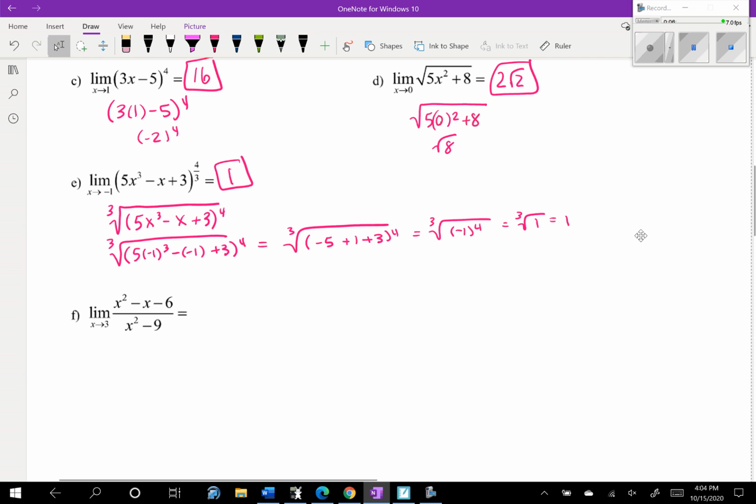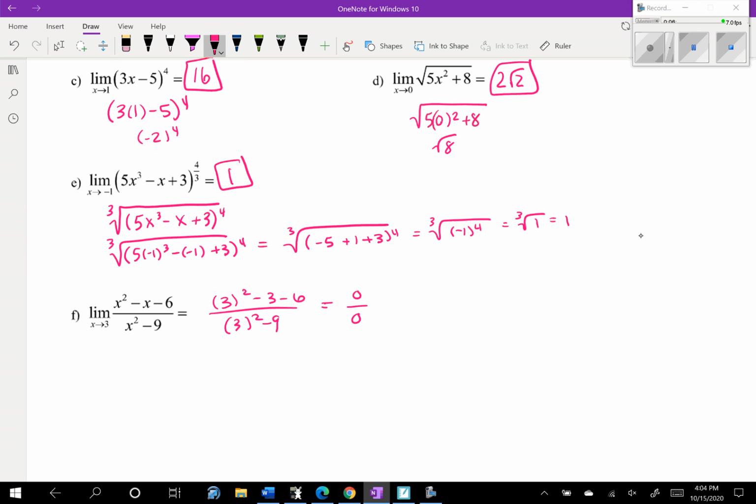So for the next one, if I plug 3 into my equation, this is a rational function. Remember, we have to worry about variables that could make our denominator 0. If I plug 3 into this equation, I get 3 squared minus 3 minus 6 over 3 squared minus 9. That gives us 9 minus 9 in my numerator, which is 0, over 9 minus 9, which is 0.